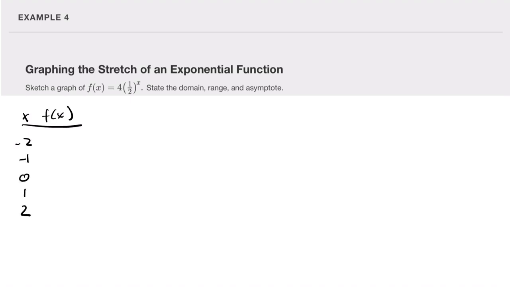So when x is -2, that's going to be what? 2 squared is 4 times 4. We get a result of 16 there. When x is -1, it looks like we get 8. When x is 0, the corresponding y is 4. When x is 1, we get 2. When x is 2, it looks like we get 1.